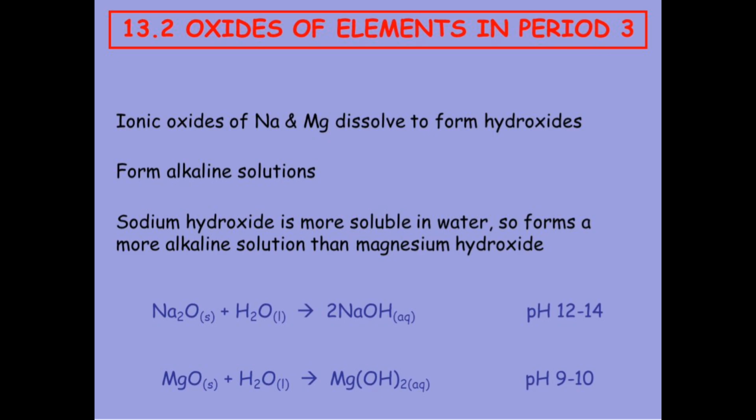The same goes for potassium oxide. It will dissolve in water to form potassium hydroxide with relatively the same pH, strongly alkaline. Magnesium and calcium oxide will also react with water to form magnesium hydroxide and calcium hydroxide, which is also alkaline.